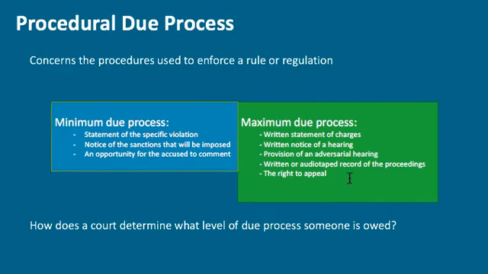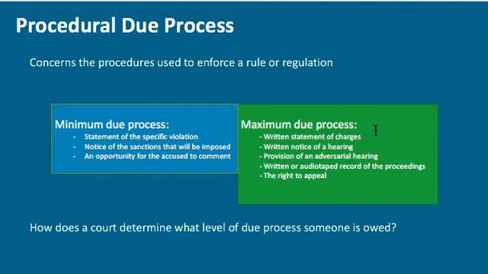So if a court is looking to give someone the death penalty, for instance, they would want to provide maximum due process, right? Because you're talking about the greatest deprivation of all, right? Potentially taking someone's life. So in cases like that, you would certainly want to provide every potential type of due process just to make sure that things are done correctly.